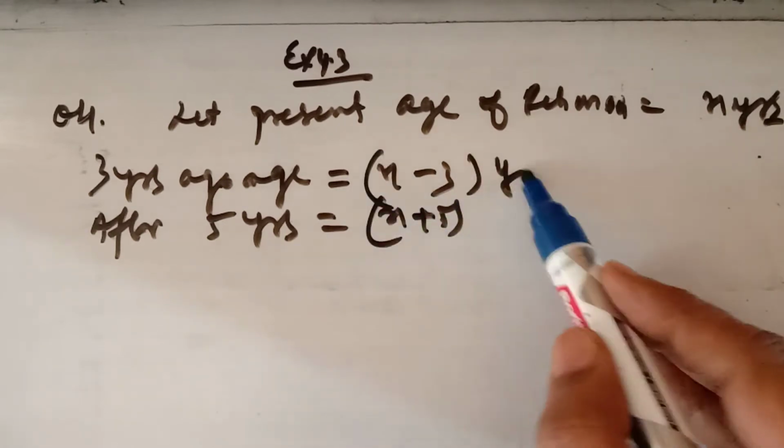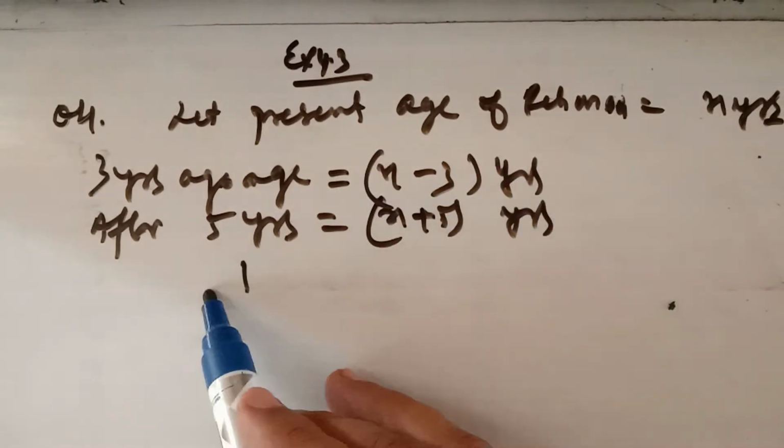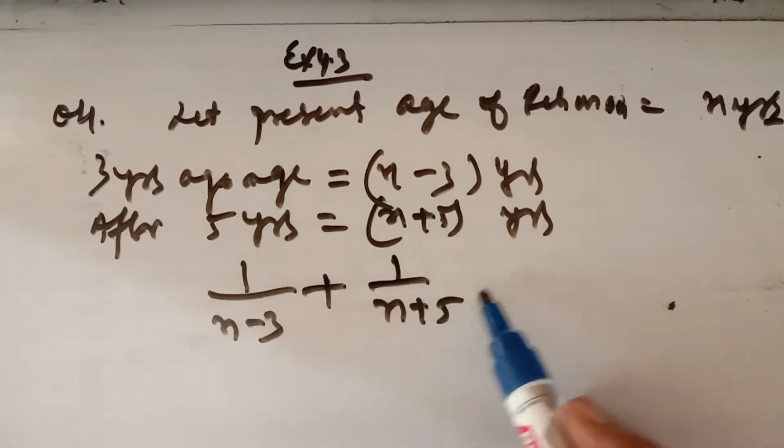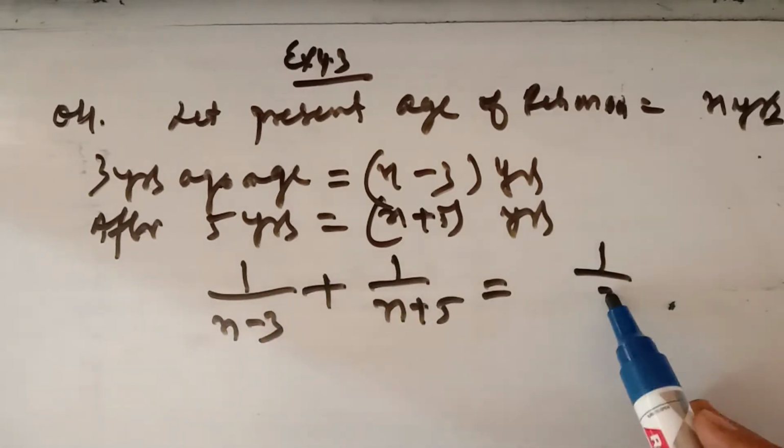The sum of the reciprocals of these ages is given as 1 upon 3.